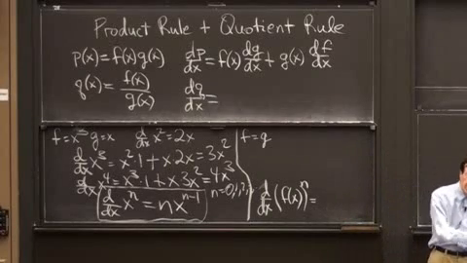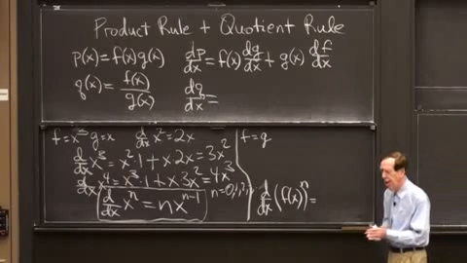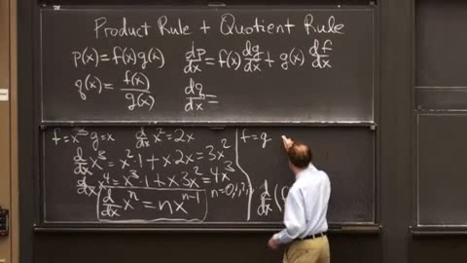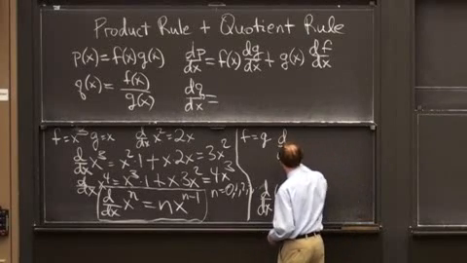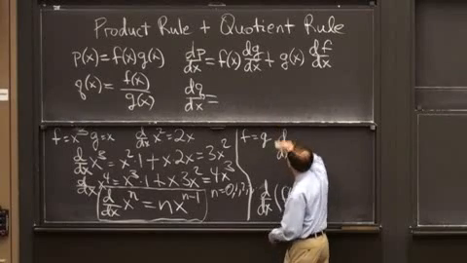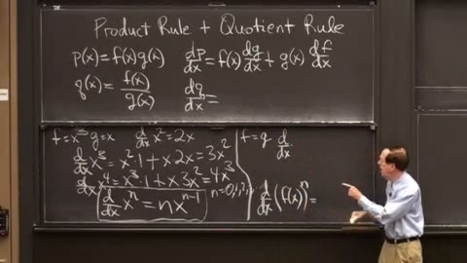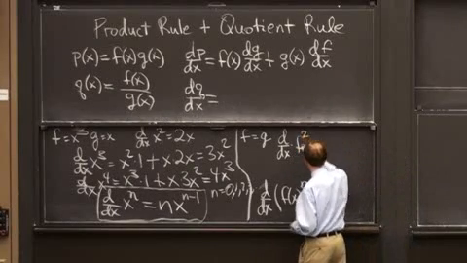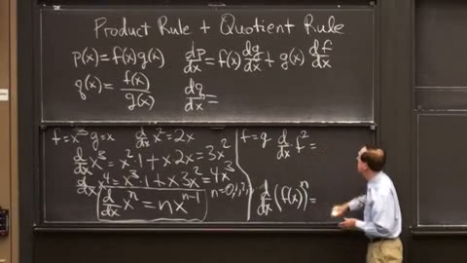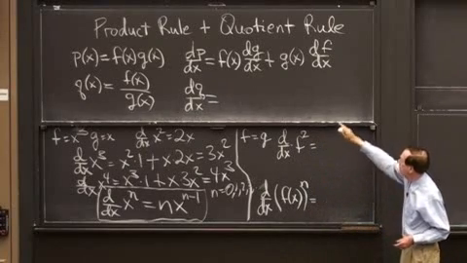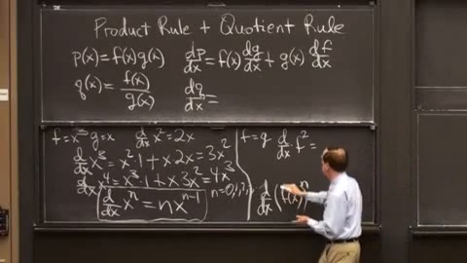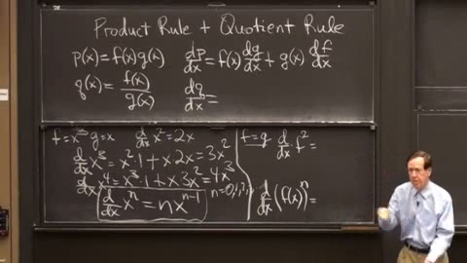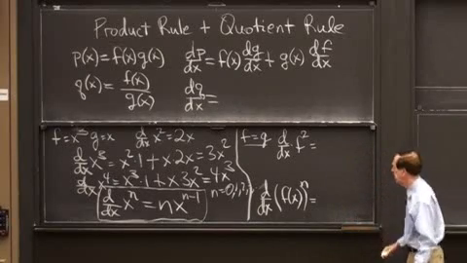If g and f are the same, then I've got something squared, and I just copy this rule. Now p is going to be f squared, right? So it's f times g, and f is the same as g. Are you with me? I'm just using the rule in the very special case when the two functions are the same.